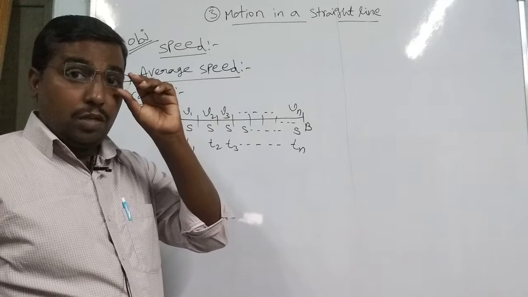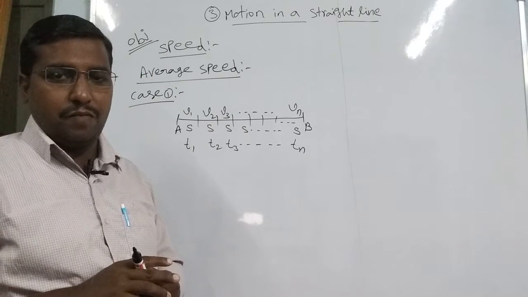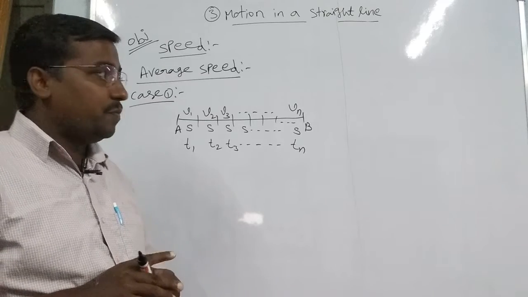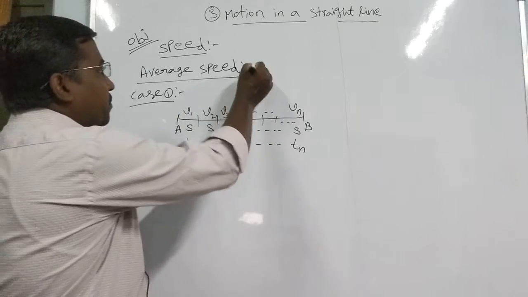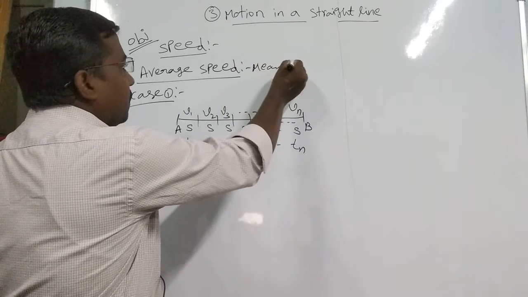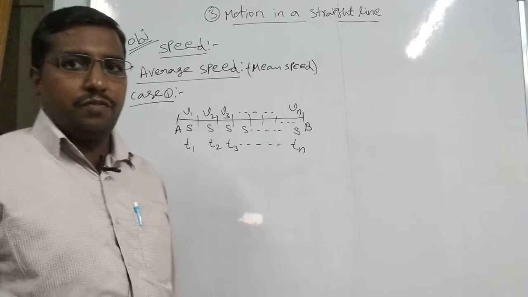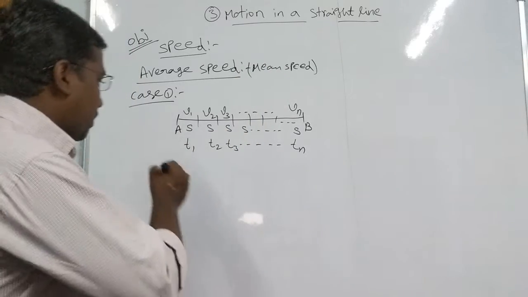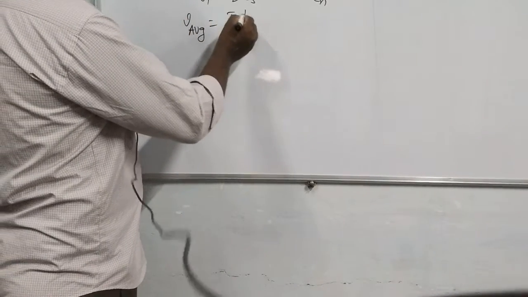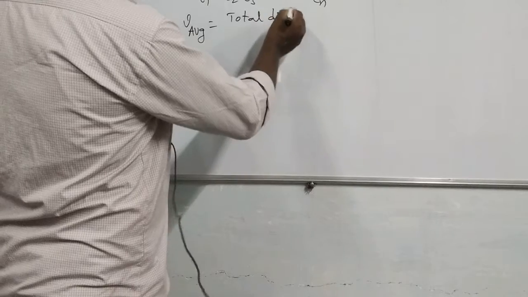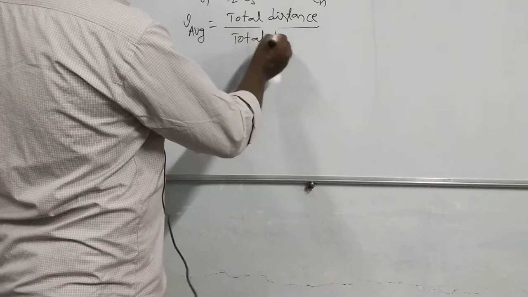So in this case, what is the average velocity traveled by the object? We find the average speed or mean speed. We know that the average speed or mean speed formula is V average equal to total distance by total time.